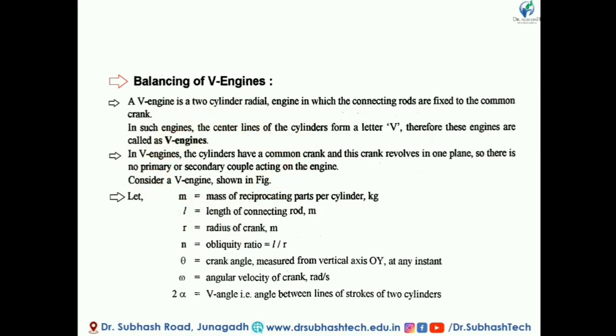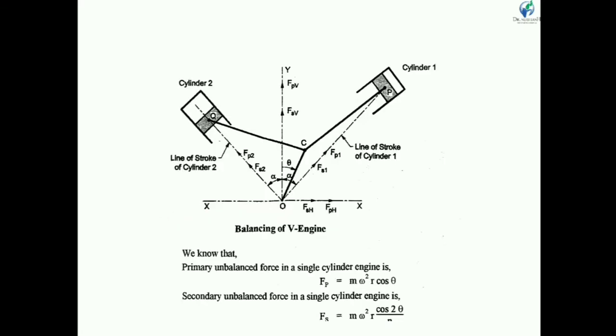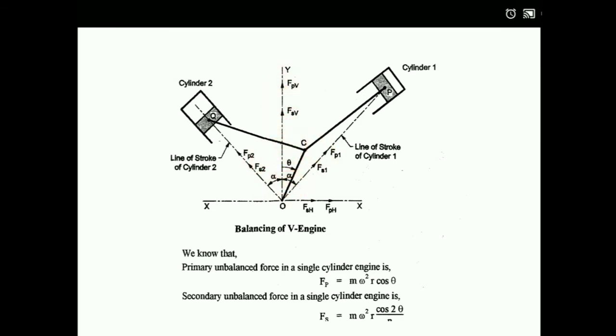So let us consider some notation. M is the mass of reciprocating part. Let us consider a V engine. Here, this is the center line of cylinder 1, this is the center line of cylinder 2, and the angle between the center lines of the two cylinders is alpha plus alpha, that means 2 alpha. So 2 alpha is the V angle. This is the vertical axis and this is the horizontal axis.